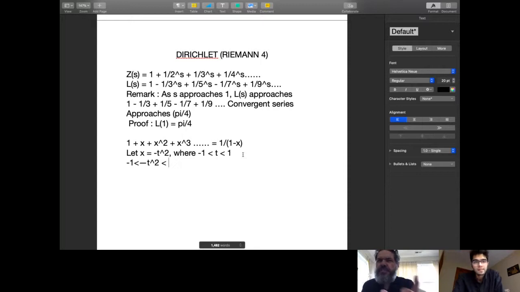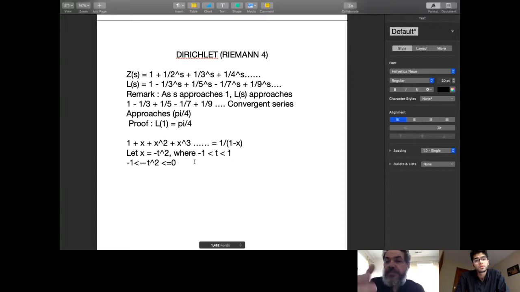It can be 0 when t is 0. And it's strictly larger than -1, because t was strictly larger than -1 and strictly less than 1. So we are allowed to use this minus t squared in our formula for the Achilles identity, so to speak.